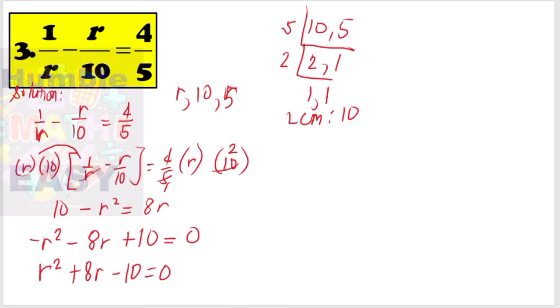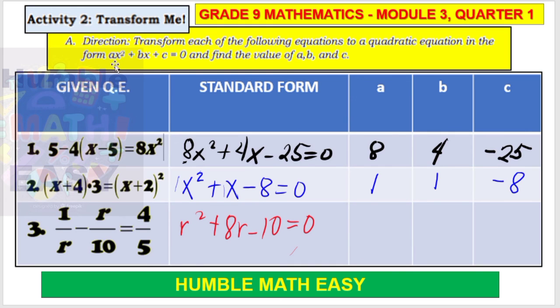Okay, that's it. So, now if we're going to get the value of a, b, and c, so a here is 1 because the numerical coefficient of r squared is 1. Then the linear term is represented by bx, so b now is 8. Then c is a constant term, so here the constant term of the given equation is negative 10.